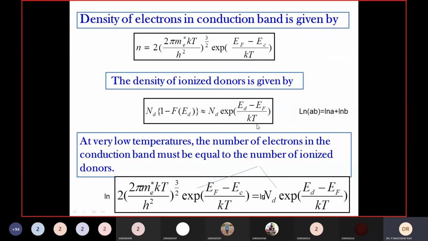At very low temperature, the number of electrons in the conduction band must be equal to the number of ionized donors.